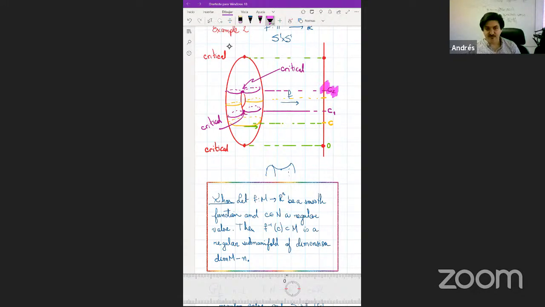This is not a regular value, it's a critical value, and the preimage is not a manifold, because at the intersection point, locally, it doesn't look like R1. It looks like R1 and another R1 locally. So precisely, you must focus on regular values of the function.